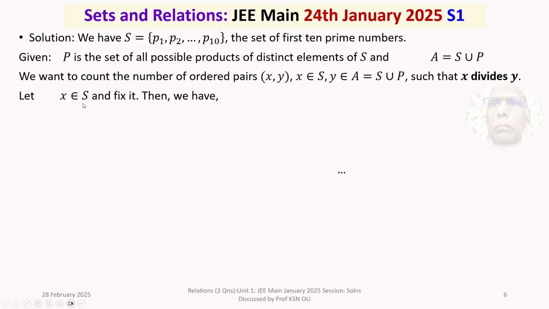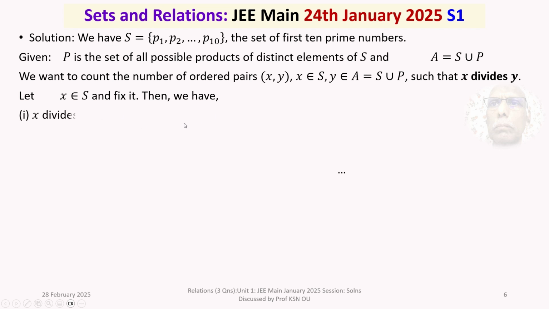So that means we want to fix x and make an argument. Then afterwards, x belongs to S, therefore the same procedure we will extend to all the elements of S. There are 10 elements in S. So x belongs to S, fix it.